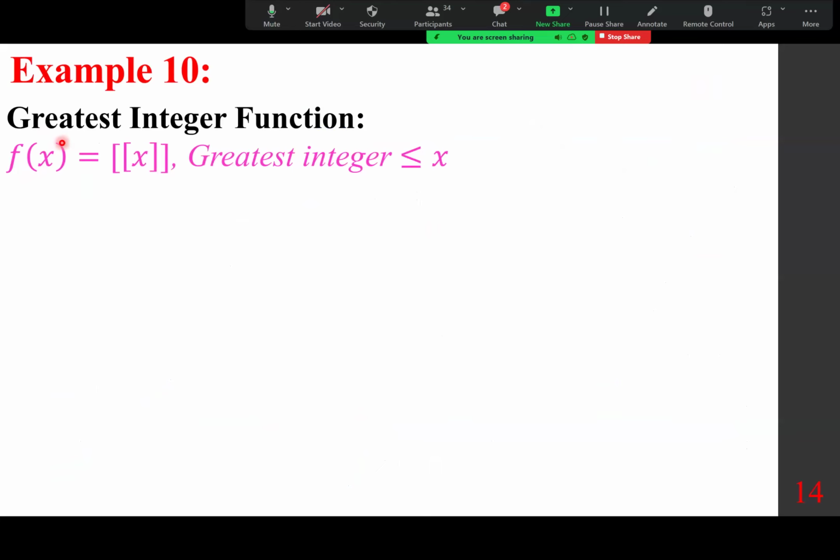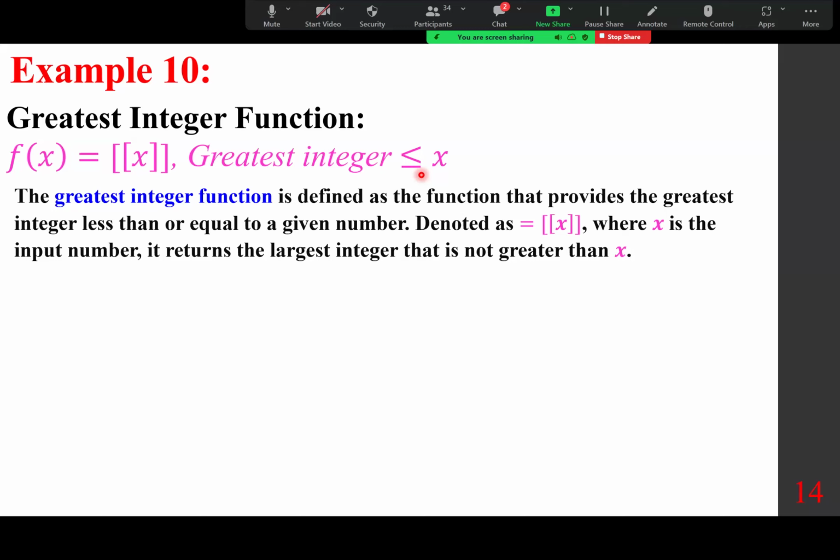Another function is called the greatest integer function. And we use double brackets to represent that. f of x is double bracket x, that is the greatest integer function. By definition, greatest integer less than or equal to x. What do we mean by that? So I want you to see that.